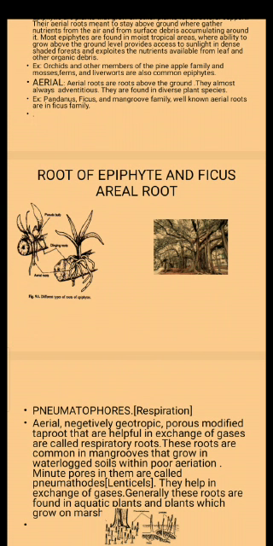Roots arise from the branches of the stem, grow downwards toward the soil and attach to the soil, and give support to the plant. That is why the name is called aerial root.